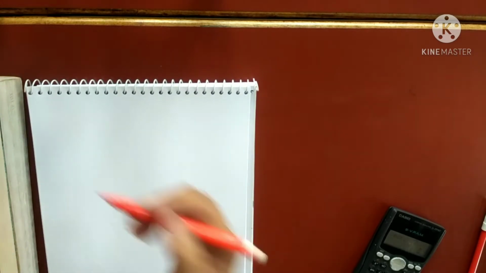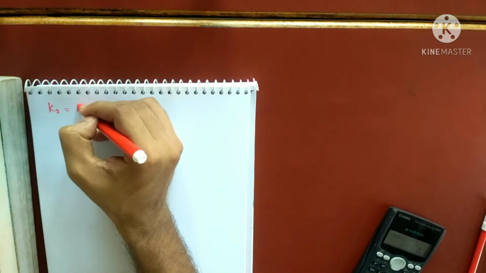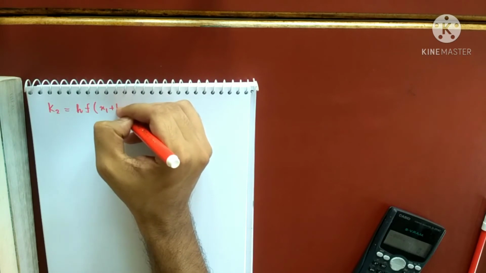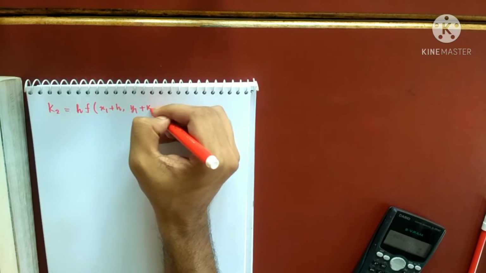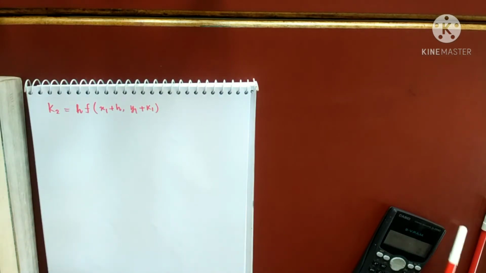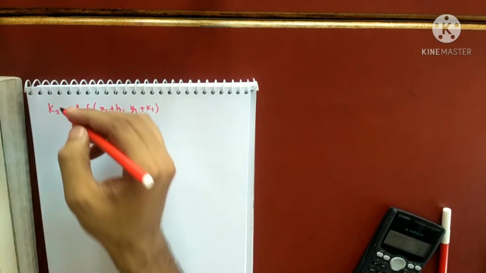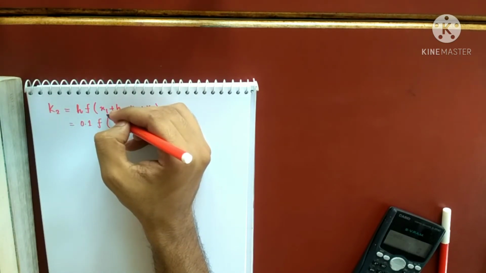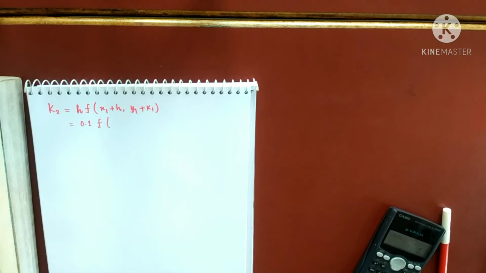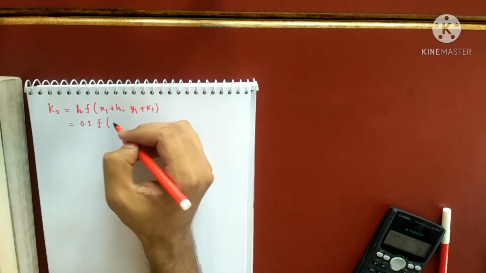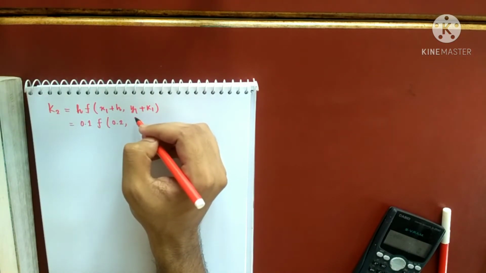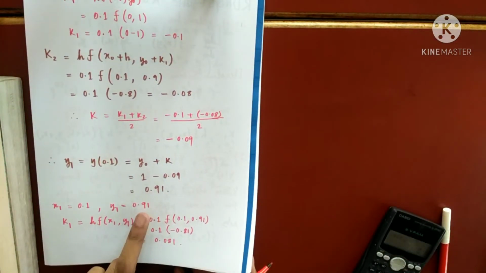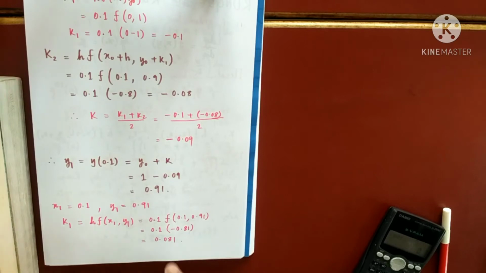K2 is h times f of x1 plus h and y1 plus K1. h is 0.1, x1 is 0.1 and h is also 0.1, so that will become 0.2. y1 I had computed as 0.91, and K1 is 0.081.